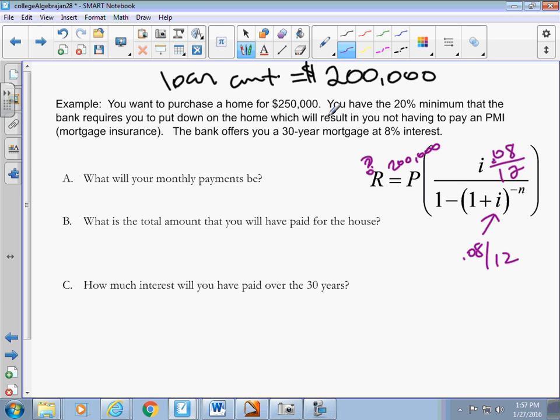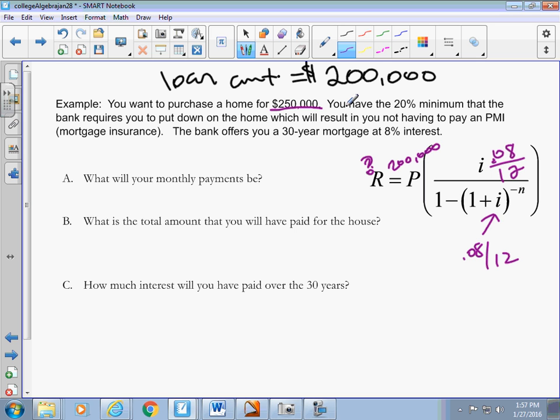Well, the loan amount, remember the $250,000 was the house I wanted to buy, but I paid 20% down, which was $50,000. So I'm really only taking out a $200,000 loan. I paid the $50,000 up front.